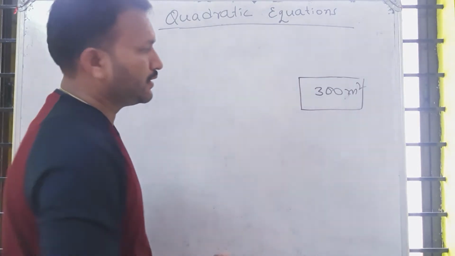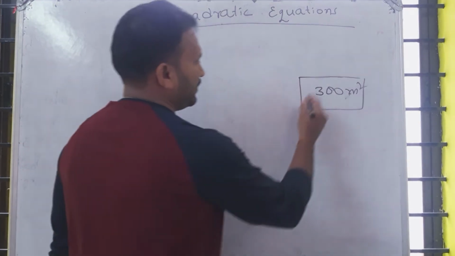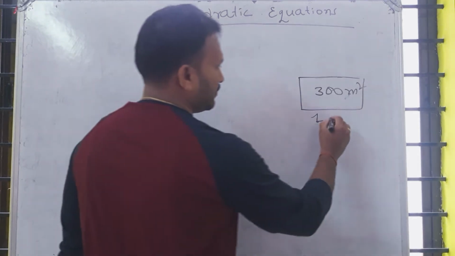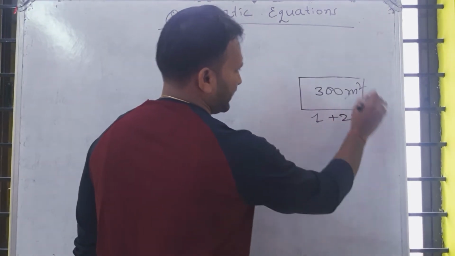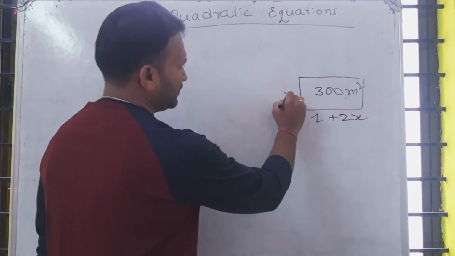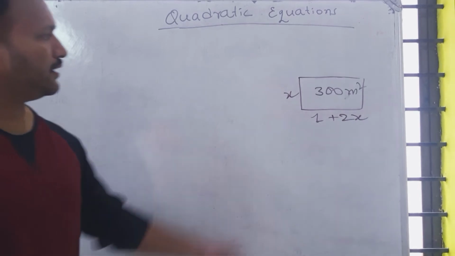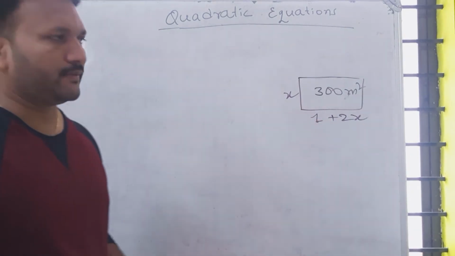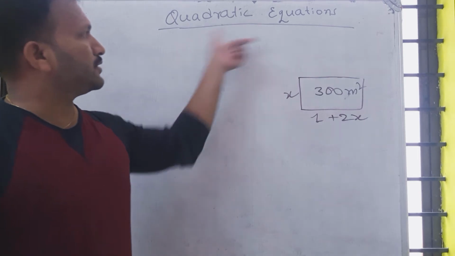We only know the length is 1 meter more than twice its breadth. That means the breadth is x, let us take. Then how can we calculate the length and breadth exactly? This can be done by using quadratic equations.